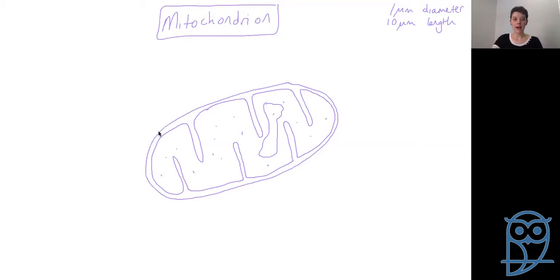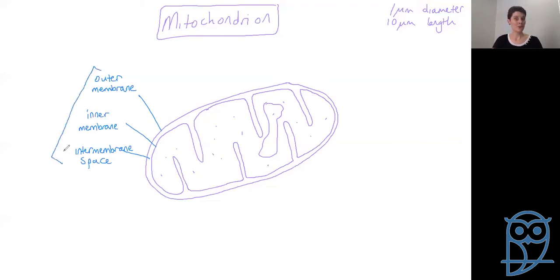We have an outer membrane, an inner membrane, and what we can call an intermembrane space, the space between the two membranes.